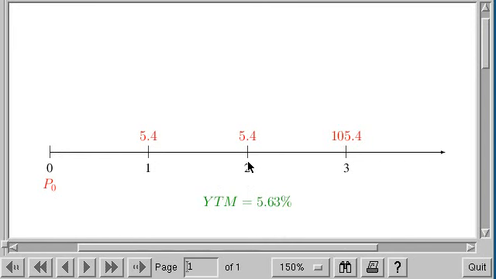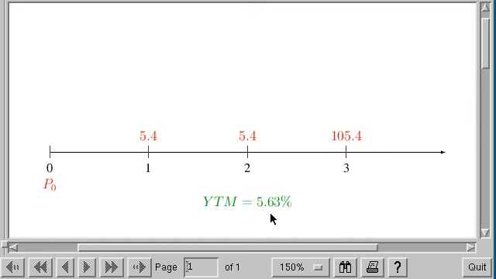Then year 2, second coupon. And then year 3, the third coupon, 5.4, plus repayment at face value, repayment at par, which is 100. Thus 100 plus 5.4 is 105.4. So these are the future cash flows on the bond.